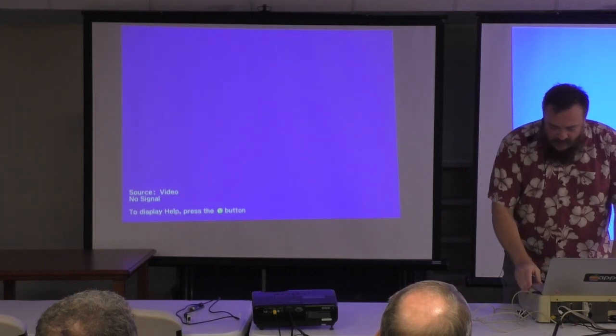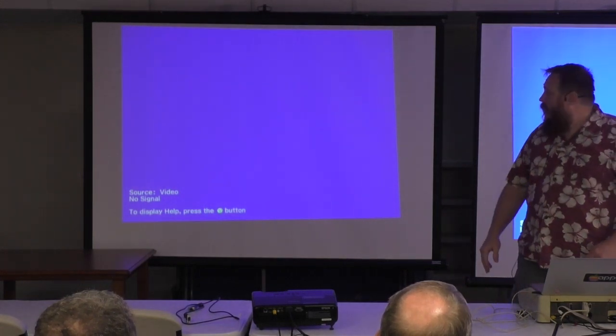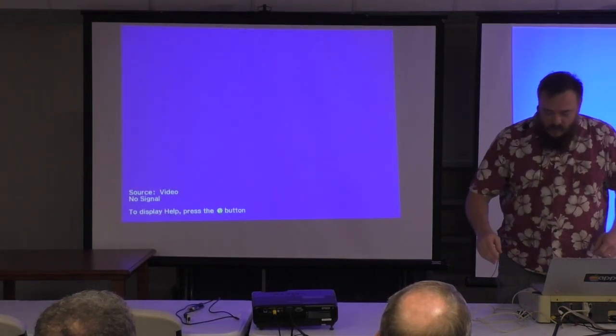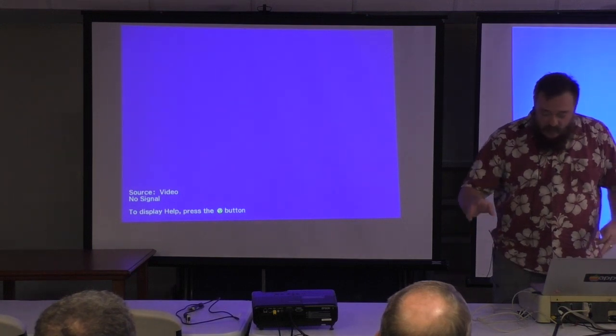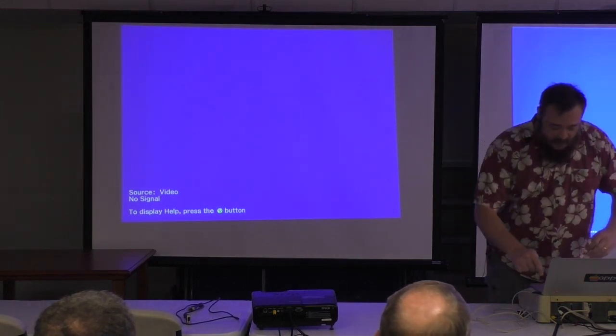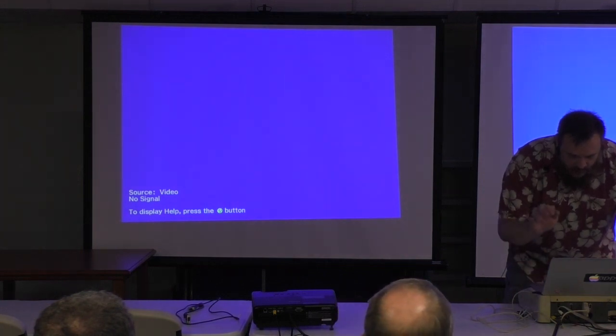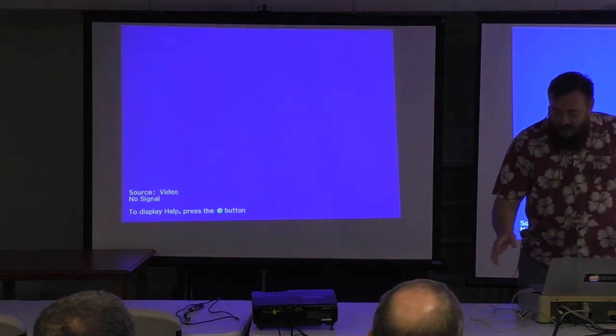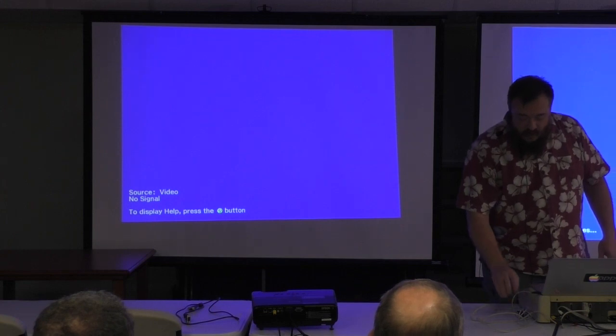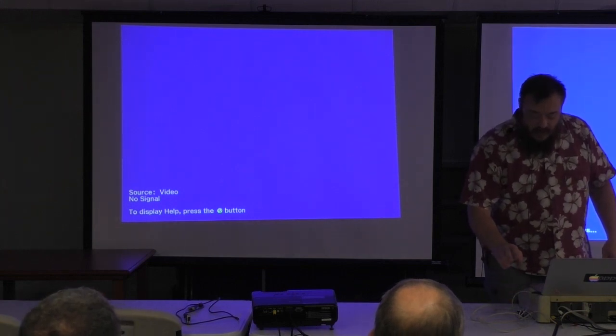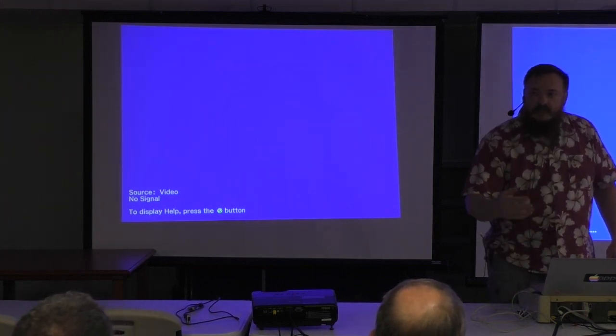All right, so what I have here in front of me is an Apple IIe with a super serial card and a few other little bits and bobs, but for the purposes of this demonstration, it is an Apple IIe with a super serial card and a CFFA for disk drive access.